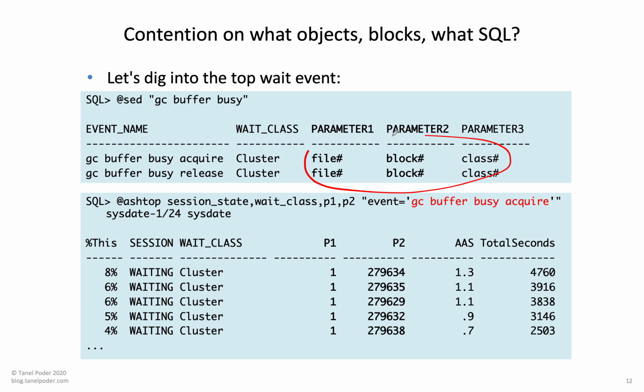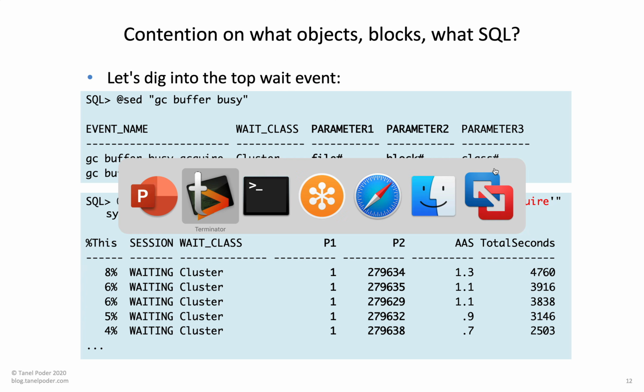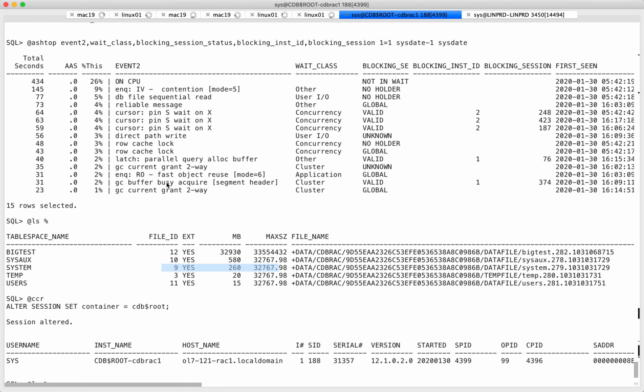So the file, block, and class. When you look into these wait events, for some wait events the parameters 1, 2, 3 are file number, block number, and the block class as well. I did this presentation before I had this; I added this later.